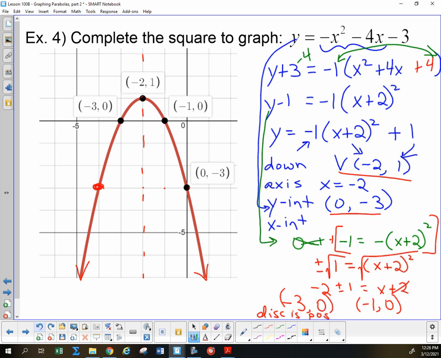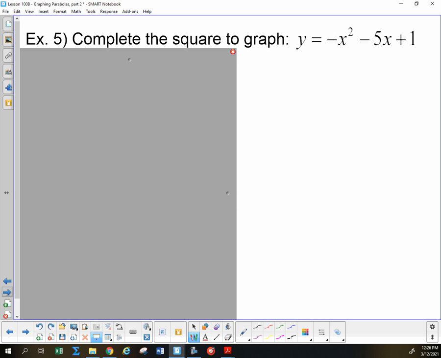Okay, a couple more. This next one is going to be similar to what we just did. Once again, we've got that minus sign in front. So we are going to get everything without an x on the left, so it now becomes y minus 1. On the right, we need to factor out whatever is in front of the x squared so that we can begin our parentheses with 1x squared.